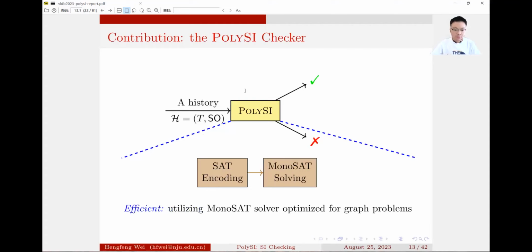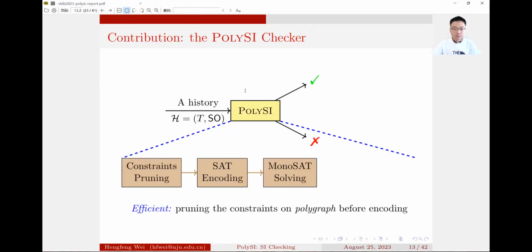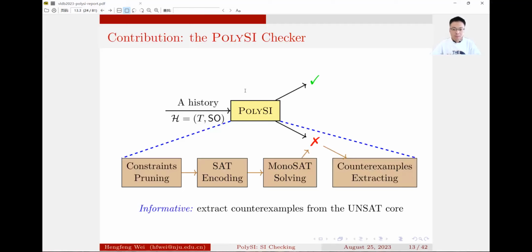Then it feeds the formula into a SAT solver, which is optimized for graph problems. Also for efficiency, PolySI will prune the constraints on the polygraph before encoding. Finally, if the SAT solver finds a violation, PolySI will extract counterexamples from the unsat core.